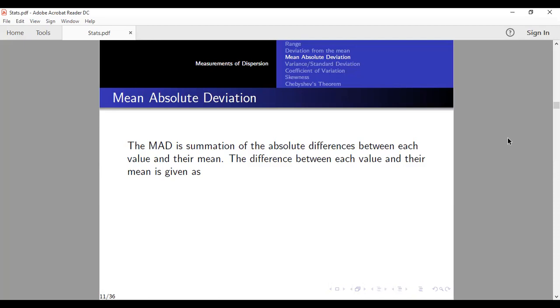Now, the mean absolute deviation gives us a single calculation that tells us how far apart the values are from the mean. We have to take into consideration each and every value and sum them up.